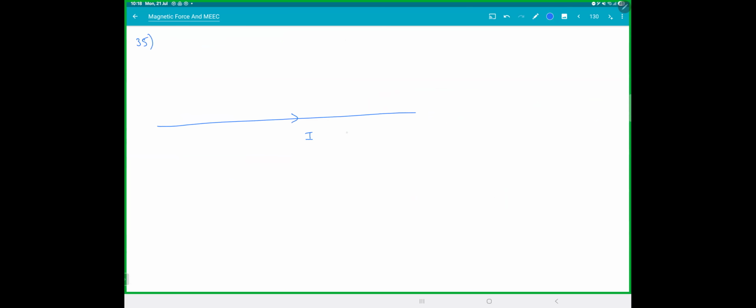We have an infinite fixed wire. At a height d, you kept a wire of mass m and length L. This is movable.